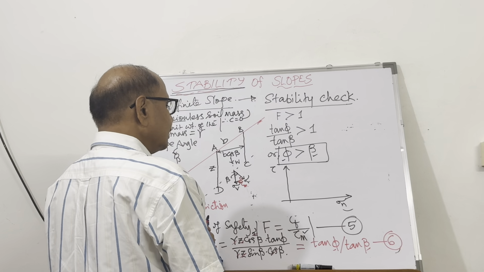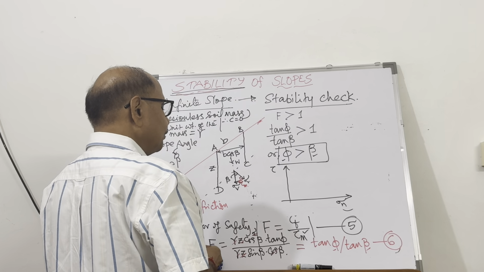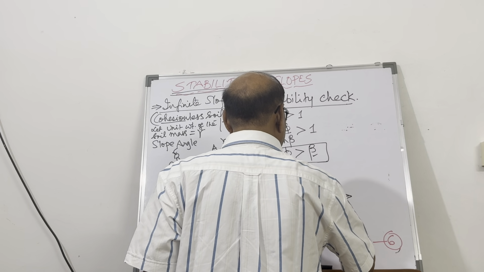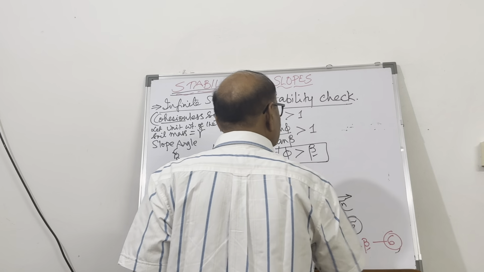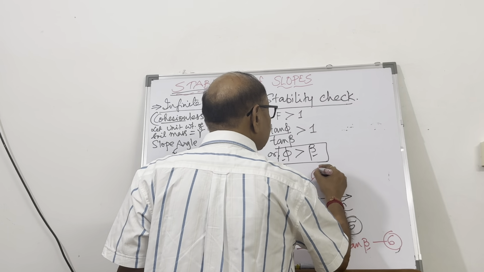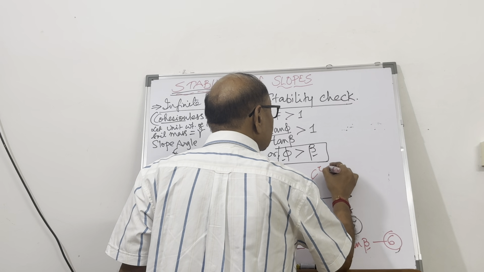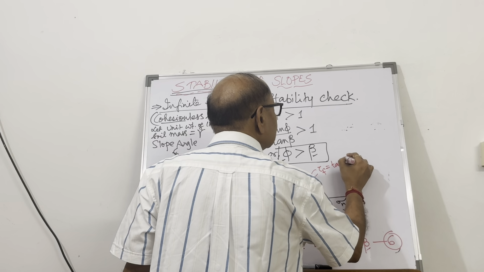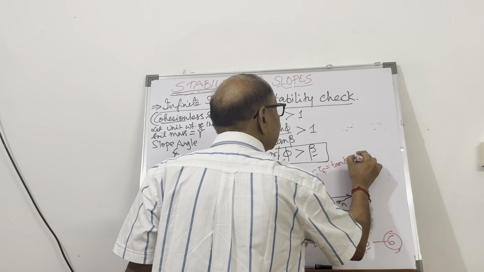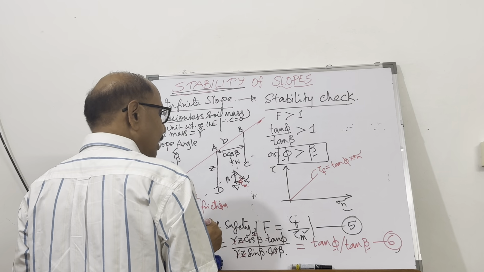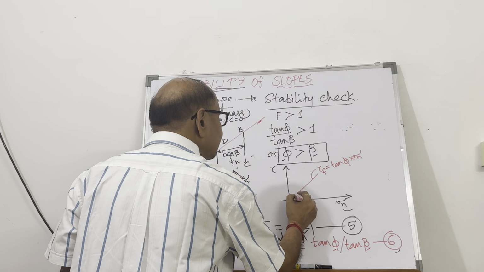So friends, the tau versus sigma n for cohesionless soil mass will be given by tau f equal to sigma n tan phi, where phi is this.